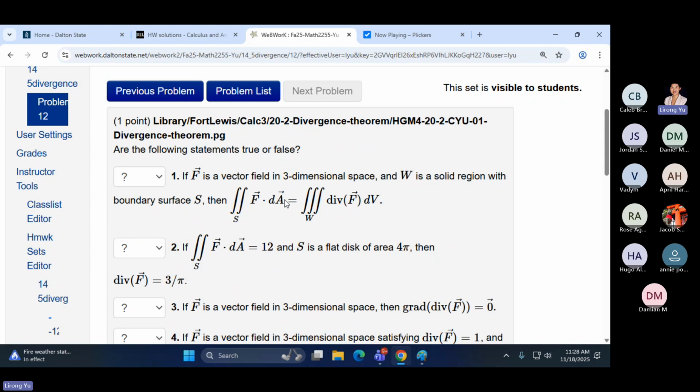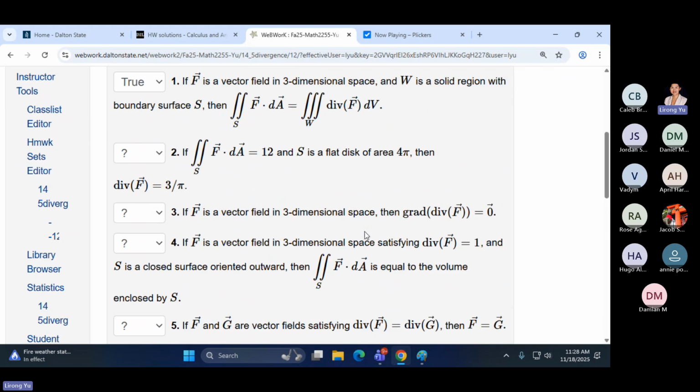The surface has to be a boundary of a solid region, so W is a three-dimensional solid with boundary S. That's true. This is the divergence theorem statement.